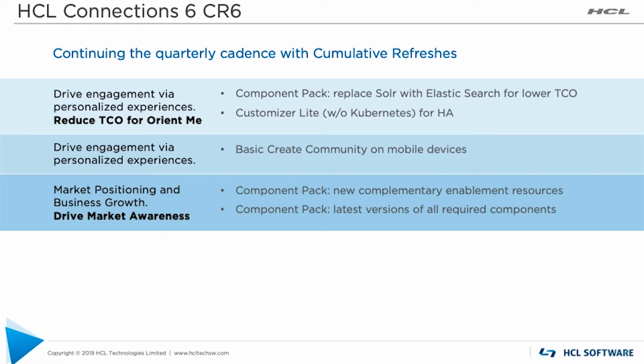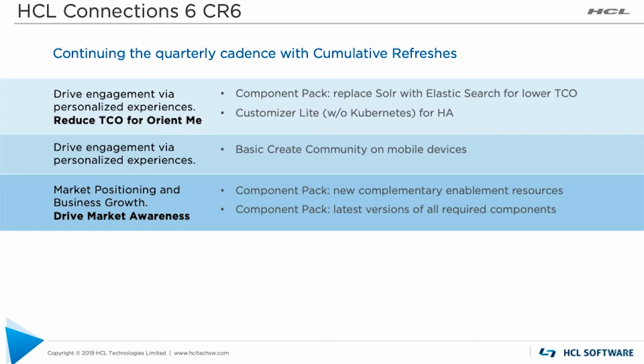CR6 is a release that does a little bit of groundwork. We have focused more on fixes and infrastructure. So first of all, I want to spend a moment here on the component pack. The component pack is a suite of solutions, including OrientMe and the customizer, that customers can install to add additional capability on the new technology stack using containers, etc. We replaced Solar with Elasticsearch throughout the component pack.